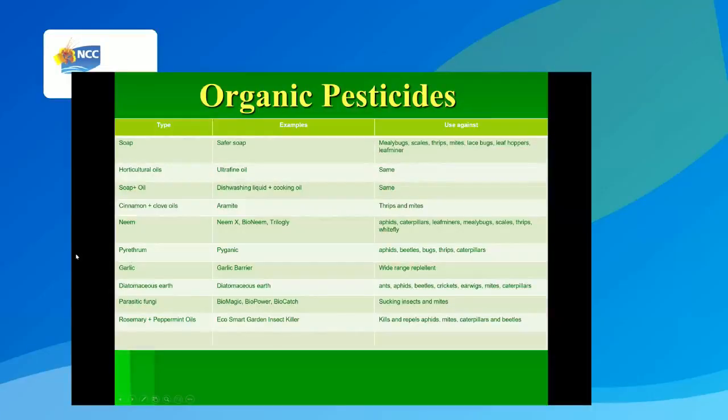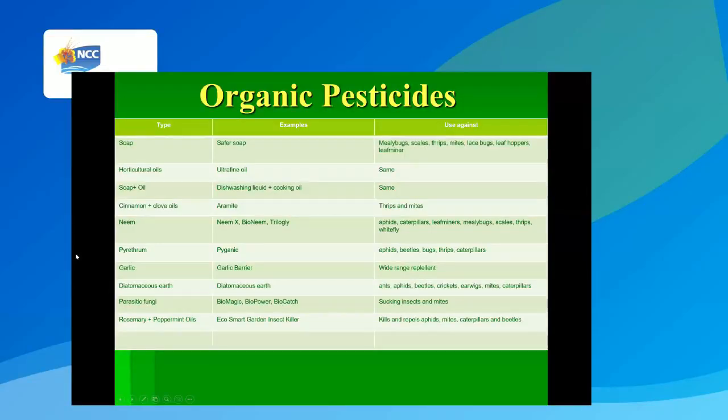Now, what I thought I would show you are some examples of what we might refer to as organic pesticides, as opposed to the synthetic pesticides that you will see around the place, like the various pyrethroids and carbamates, organophosphates, and a whole set of other types of synthetic pesticides.